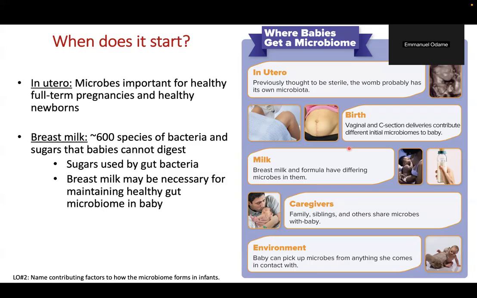When the baby is breastfed, the mom passes some IgG and also some microbes to the kid to help build their immune system. Caregivers and siblings giving kisses and skin touch will also transfer some microbes. And through the environment, when kids start crawling, picking up stuff and putting stuff in their mouth, this whole process helps build up their microbiome.